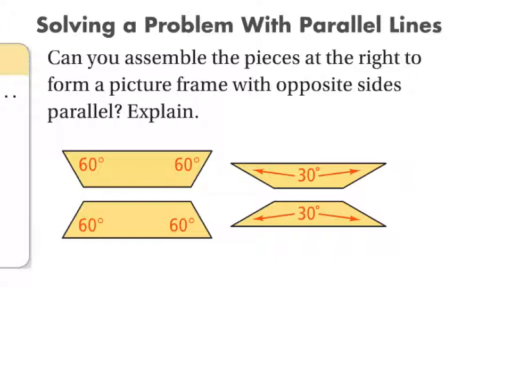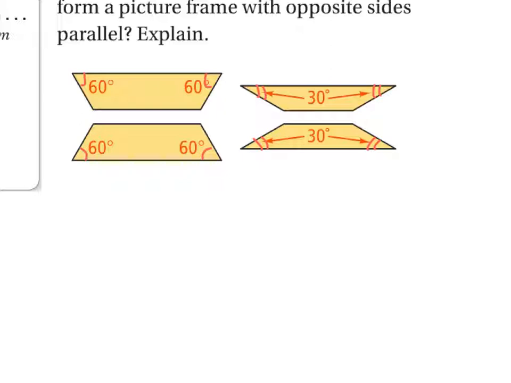On these pieces of wood, these angles are 60 degrees, and these angles are 30 degrees. So do we have these appropriately cut so that when we assemble our picture frame, the opposite sides are actually parallel?